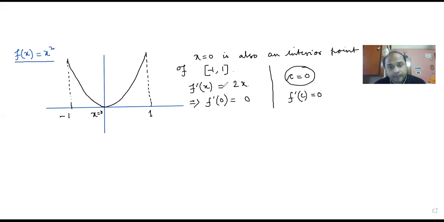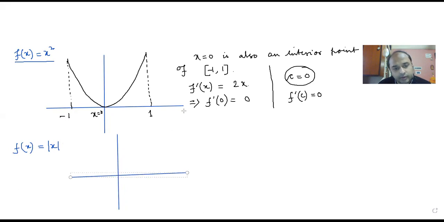Okay, but in case of fx equal to mod x, I'm again drawing for the clarity because I lost my previous whiteboard. So in this particular case, it would be nice if the two examples remain in front of you for when you study it later.